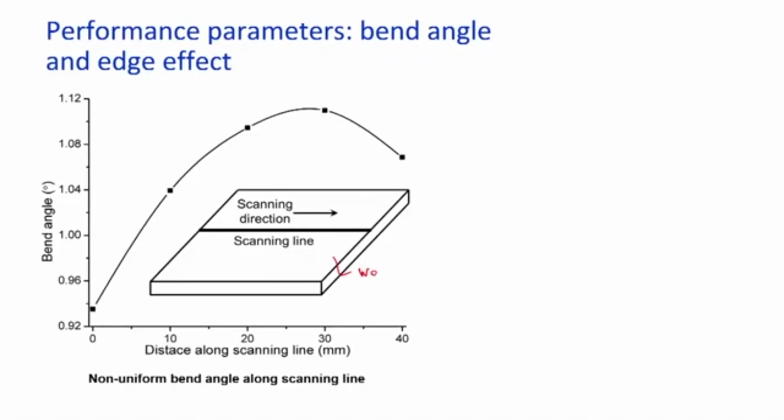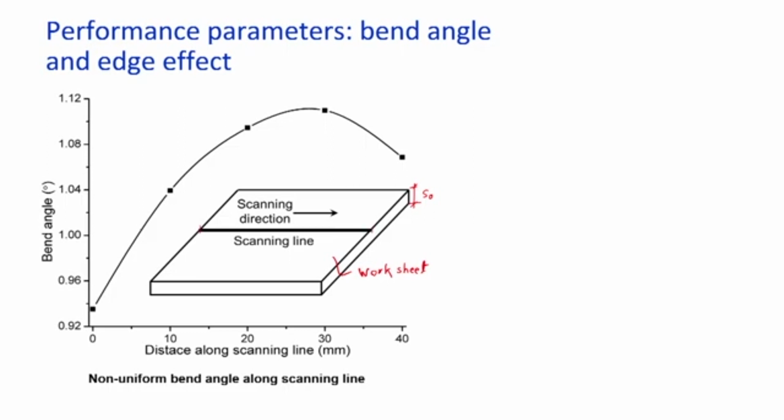When we apply the laser beam over the work part, consider this is the worksheet of certain thickness, and we irradiate it by laser from this end to this end.